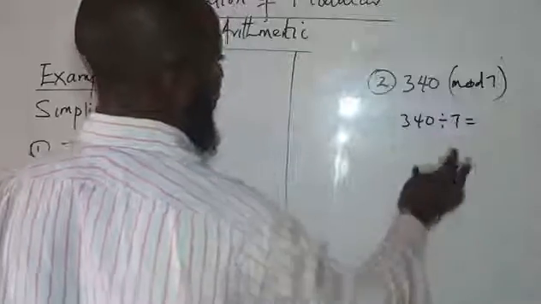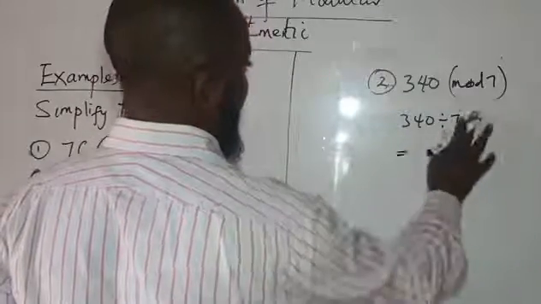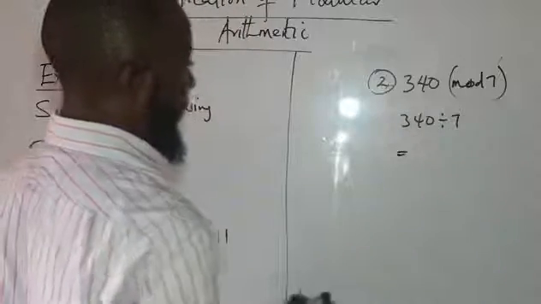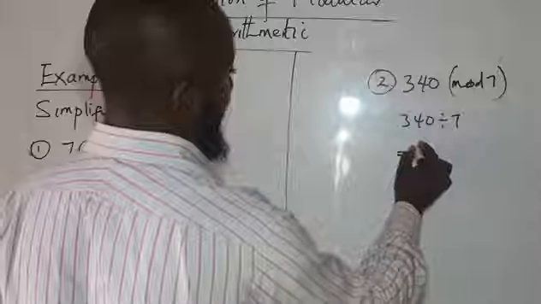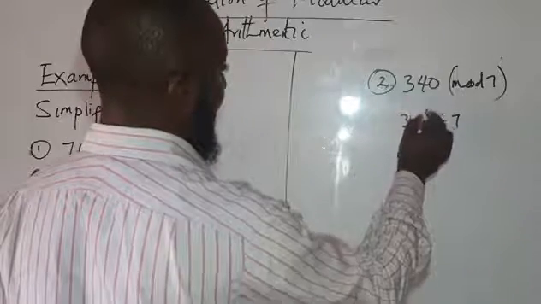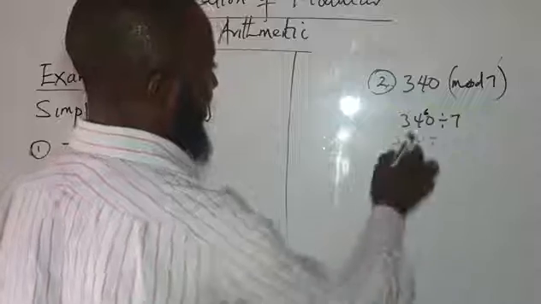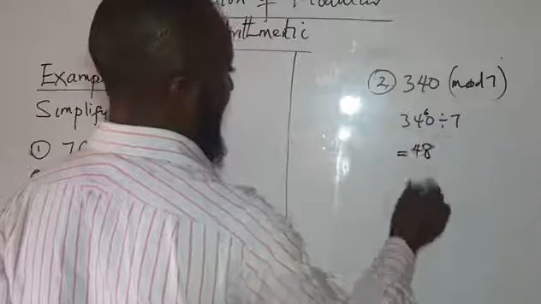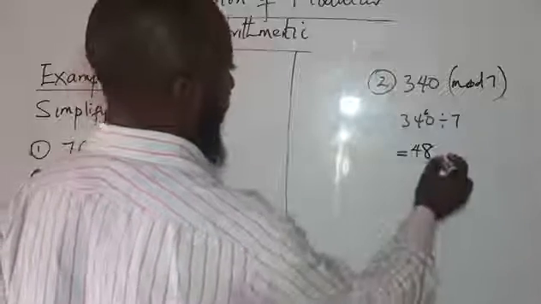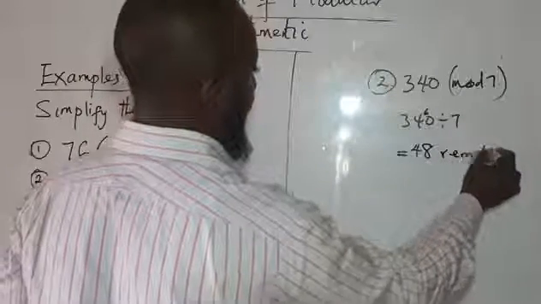So what are we going to get? We're going to have 7 in 34, that is 4, which is 28. It will remain 6, right? So 7 in 60, which is 8, which is going to give us 56. That remains 4. Remainder 4.